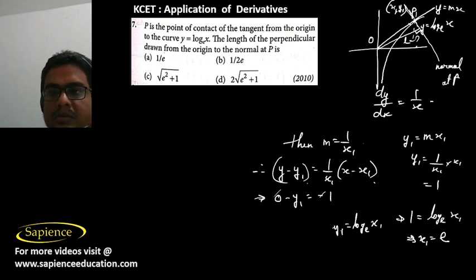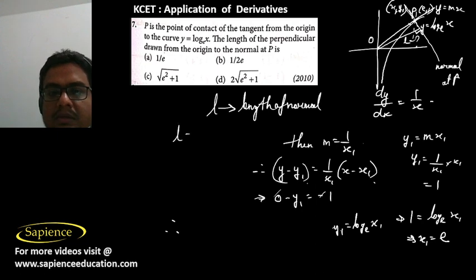This point is, therefore, the length of the perpendicular drawn from the origin to the normal, that is called as the length of the normal.